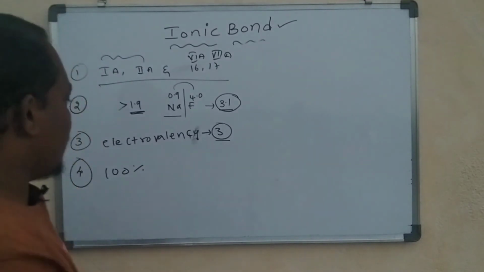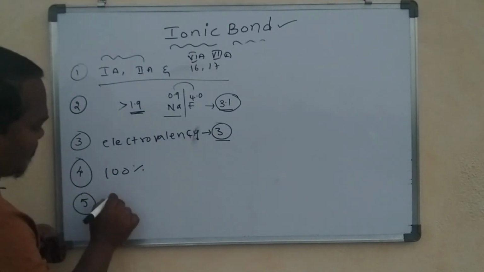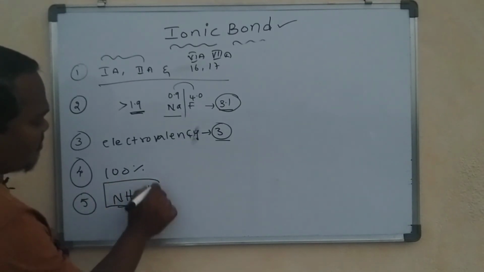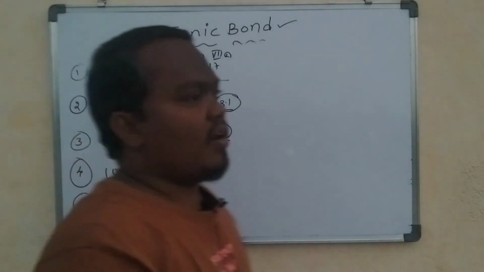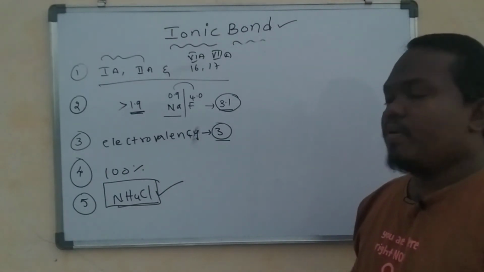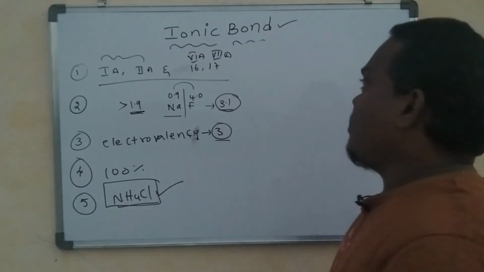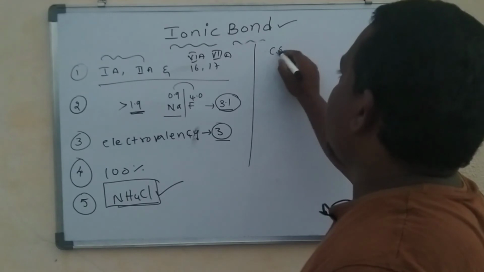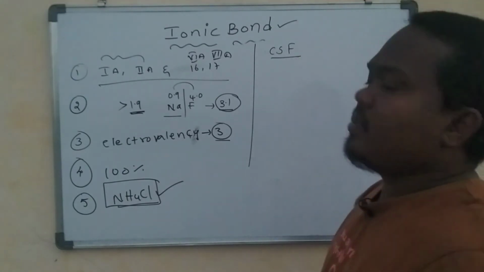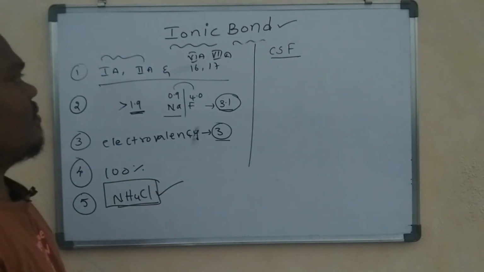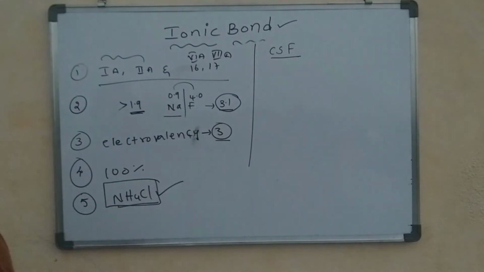There is only one ionic compound which is formed by non-metallic elements, and that is ammonium chloride. And the strongest ionic bond is formed between cesium and fluorine. So this is the ionic bond, and these are the general conditions.